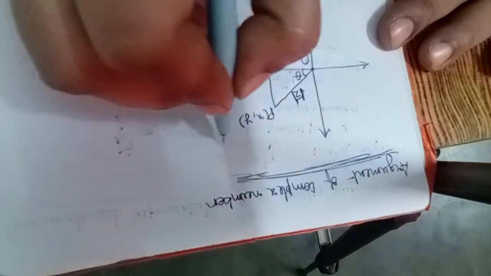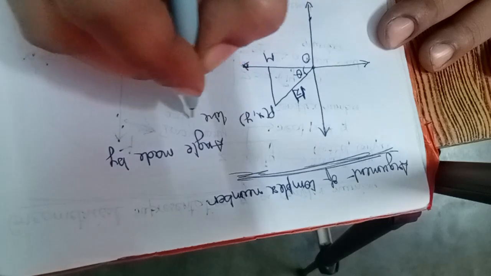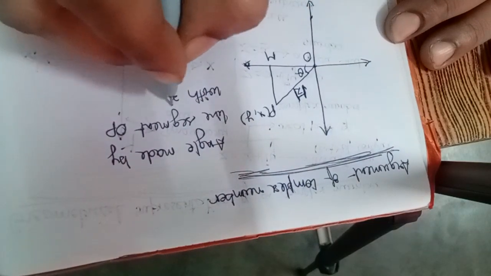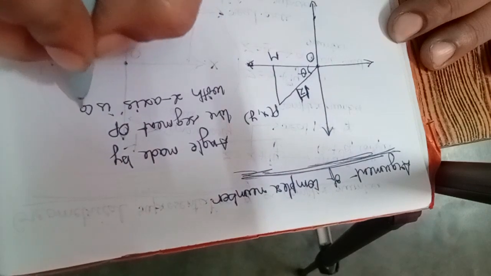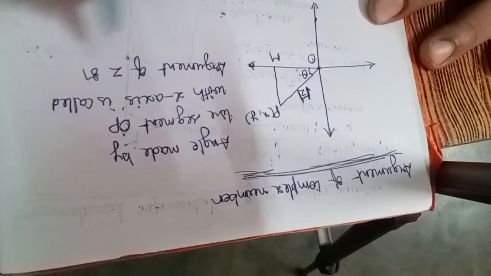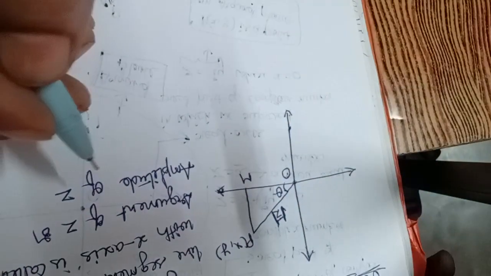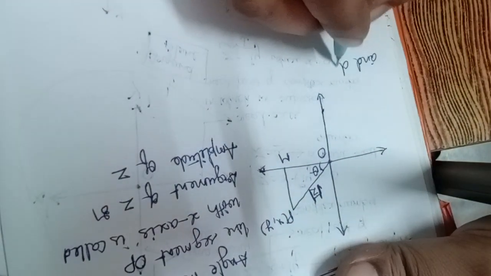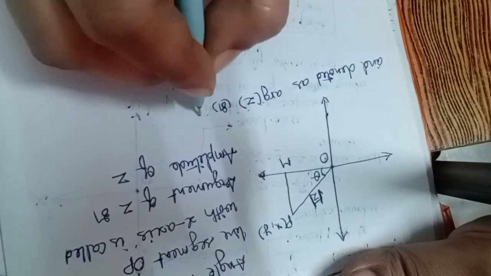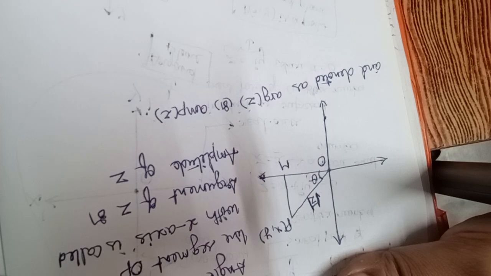The argument of a complex number is nothing but the angle made by the line segment OP with the x-axis. It is called the argument of z or amplitude of z, denoted as arg z or amp z.